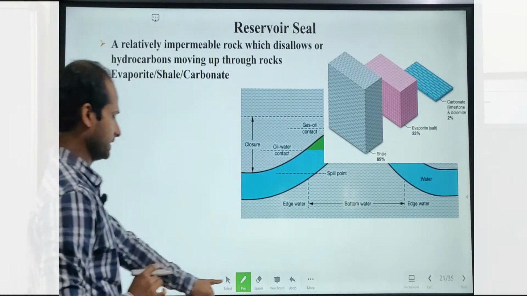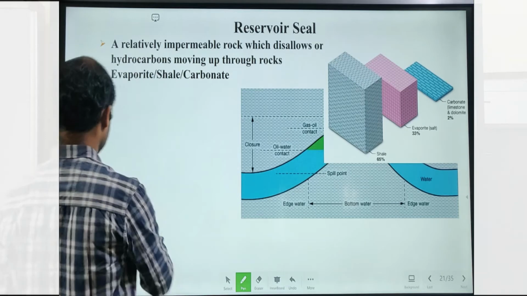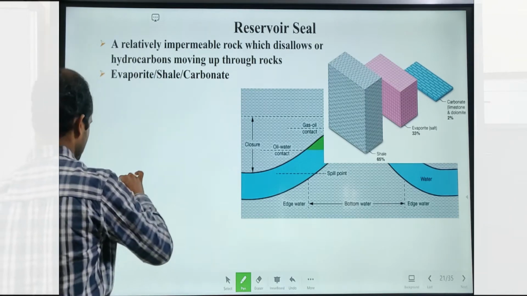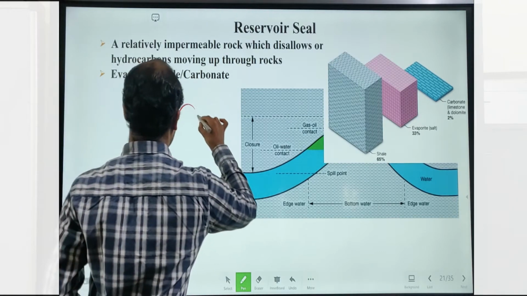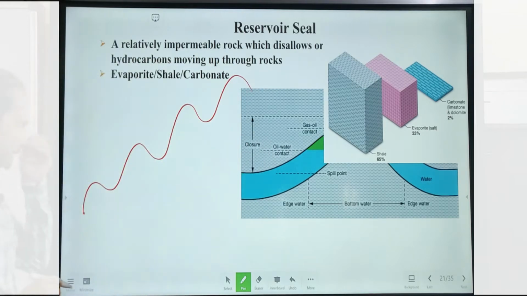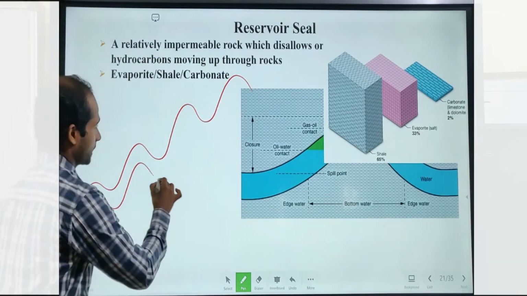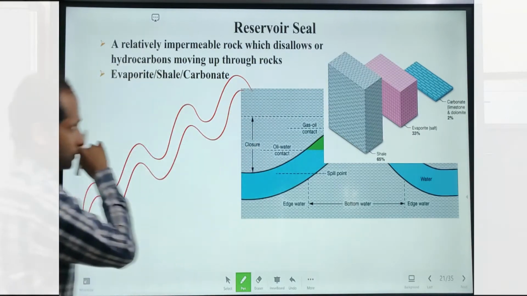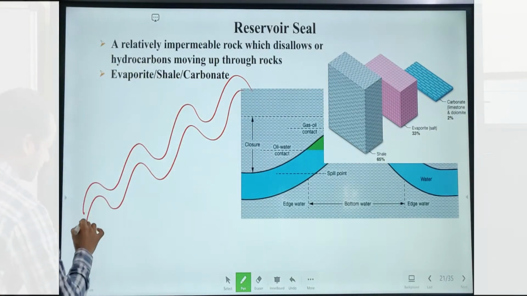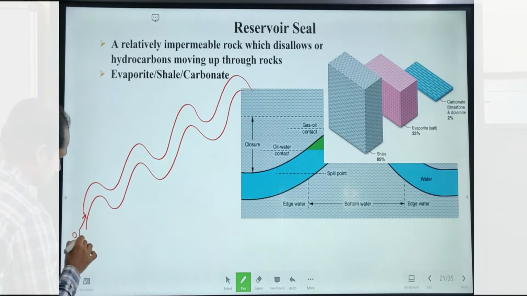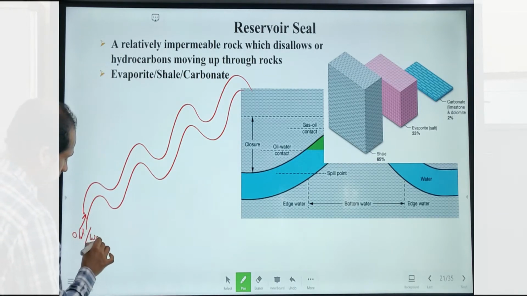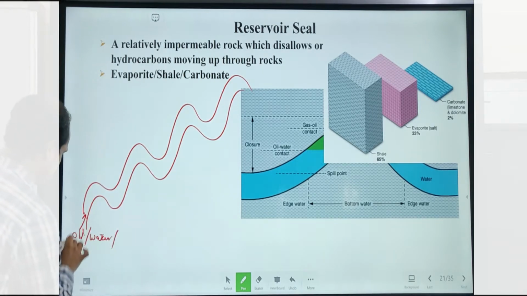that if we have any anticlinal structure, like an anticlinorium type of structure, we have successive folds which are moving upward, and hydrocarbon is getting accumulated in this. So what will happen? Suppose while migration is taking place, oil, water, gas, each of them are getting migrated from this place.